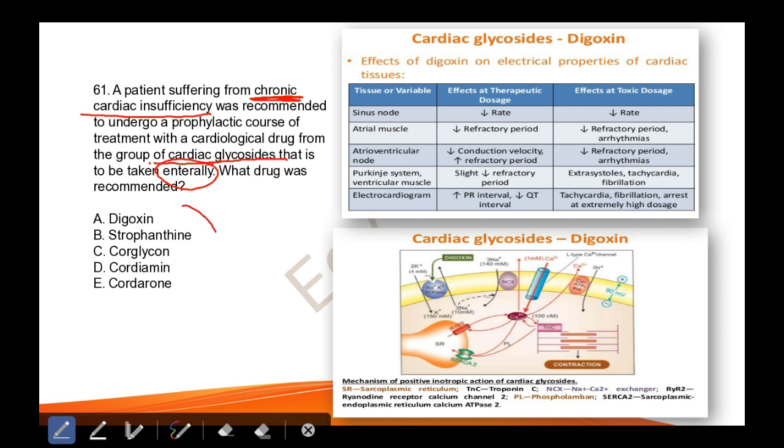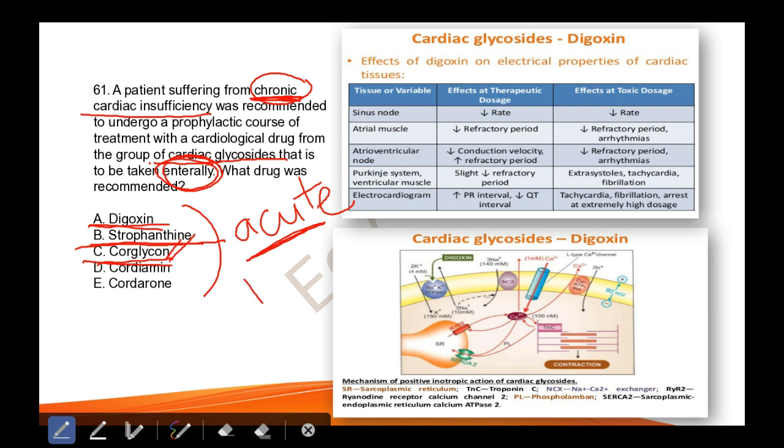You can tell from this that it's digoxin, and also strophanthin and corglycon. Corglycon and strophanthin are the same, but digoxin is used for chronic cardiac insufficiency and is taken orally. Strophanthin is for acute cardiac failure or severe cardiac insufficiency, and it's taken intravenously. That's how you can differentiate between these two cardiac glycosides.